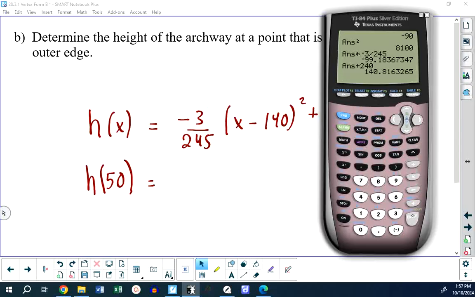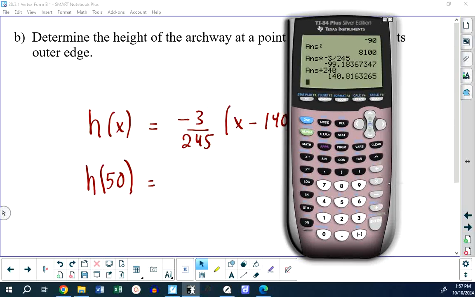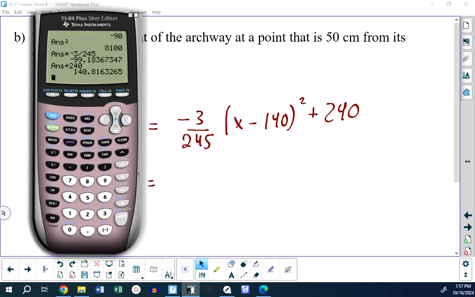Is that what you get as well? Oh, no, that's right. When I saw that 140, I thought that's taller than the height because I was looking at the other thing, which was 140.